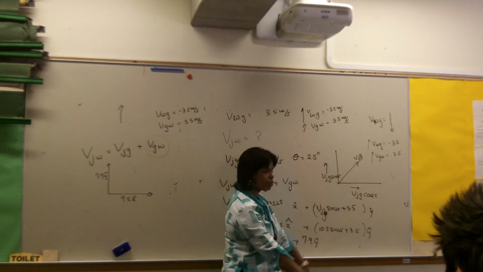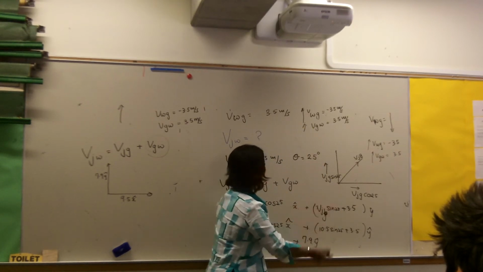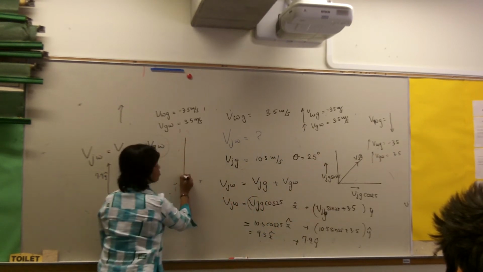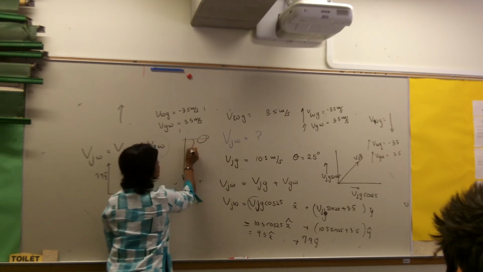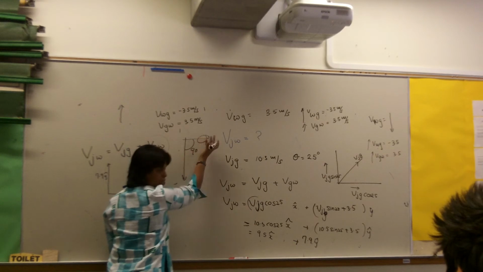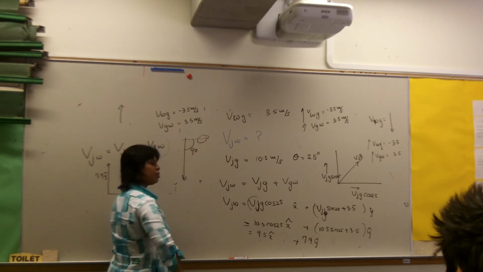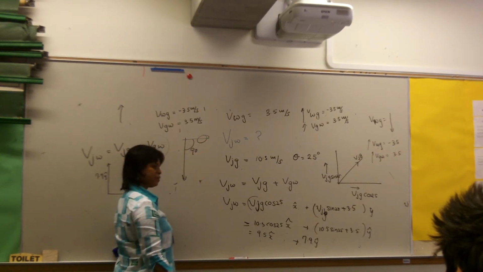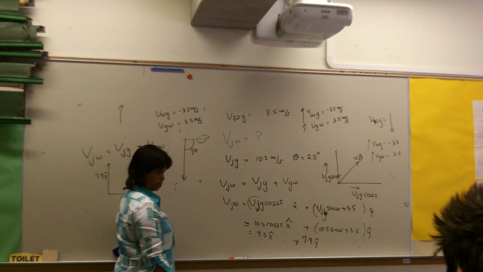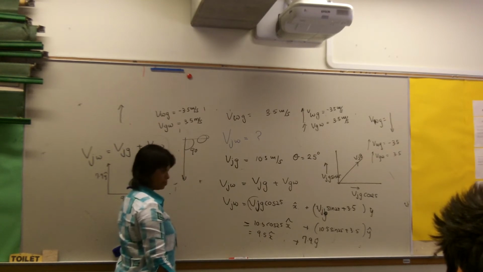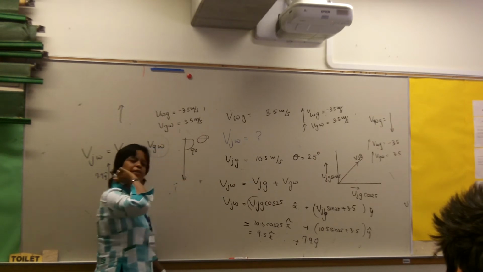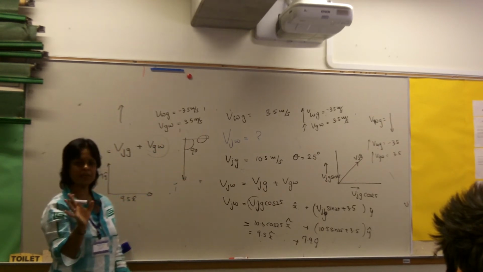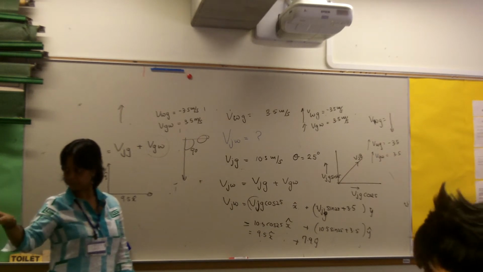Because it only goes in the Y direction, there's no X component. Because the water flows this way, right? So this component is 0. Because this is 90 degrees, cos 90 is 0. So technically what you're doing is X plus Y plus X plus Y. But then X is 0 here, so you just go X plus Y plus Y. Is that clear? What about the 11th graders? Are you okay here? How about here? You guys got it?